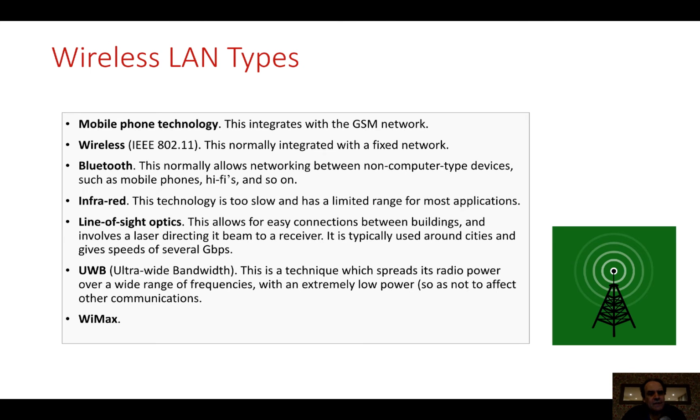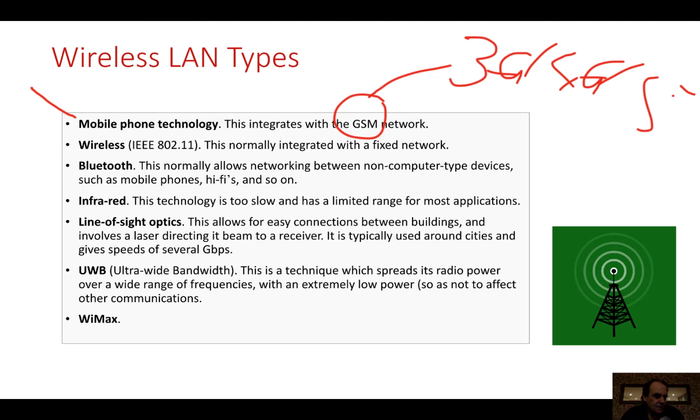So the different types of wireless LANs that we have: obviously the traditional mobile technology, so that's the GSM network, which was our traditional phone network, and now onto 3G, 4G, and even 5G. We have wireless networks that, as we'll find out, are 2.4 gigahertz typically, and it's IEEE 802.11.